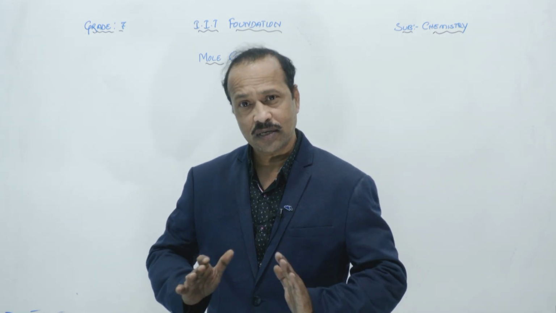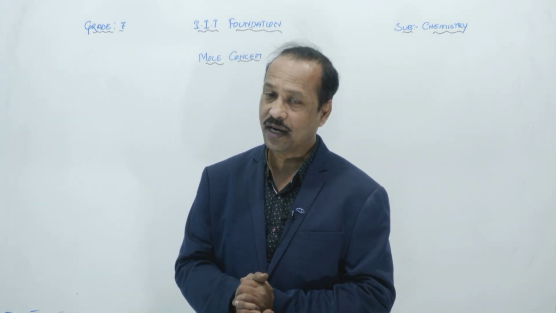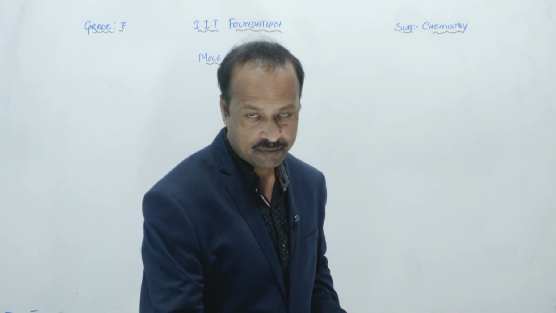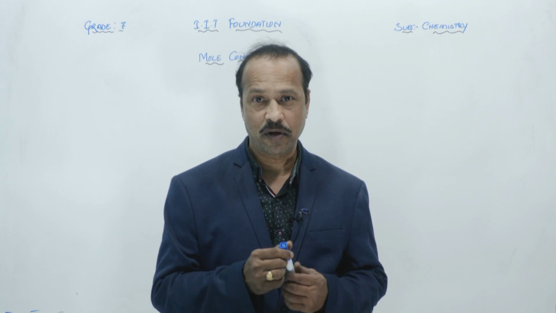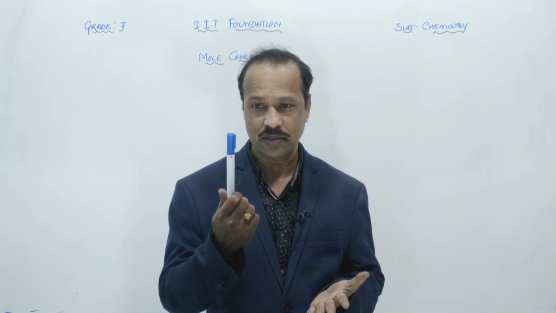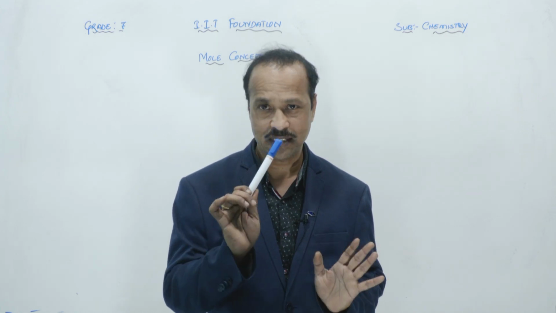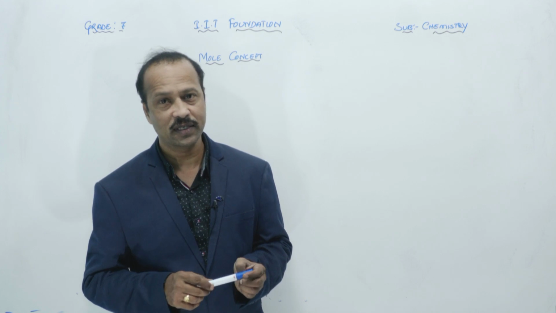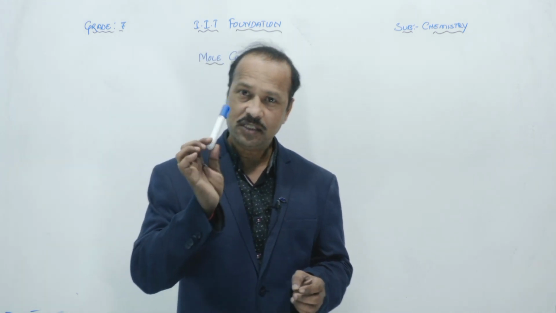You know that any matter is made up of tiny particles called atoms. For example, this pen is made up of tiny particles called molecules or atoms. This we already discussed in volume 1, during the introduction.